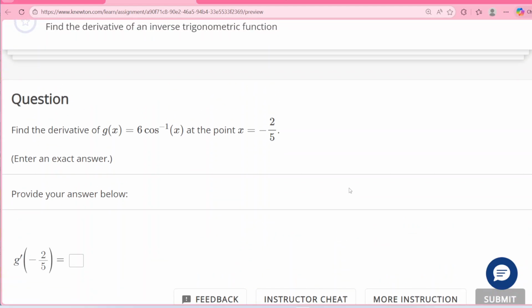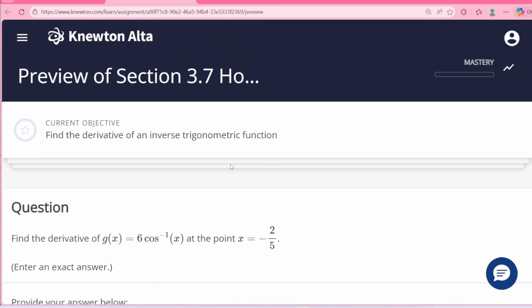Okay, so as mentioned, there's only one objective here. Find the derivative of an inverse trigonometric function. So not just inverse functions, but specifically inverse trigonometric functions.